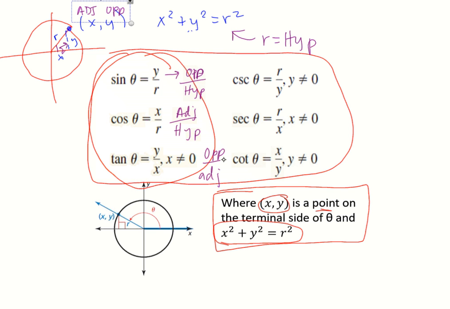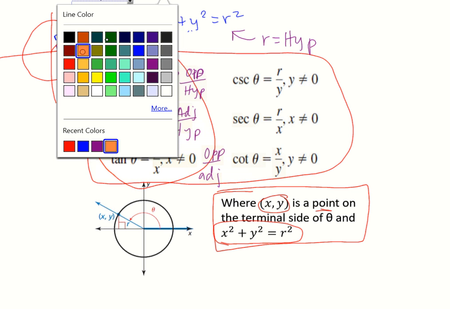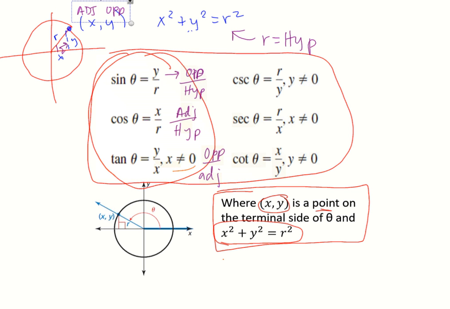Now, if you notice these down here, there were these specific restrictions. x could not equal 0, y could not equal 0, because division by 0 is not allowed. Well, the only places that happens are these axes right here, right? On the x-axis, y equals 0. Whatever the x value is, y is 0. On the y-axis, whatever the y value is, x will always be 0.